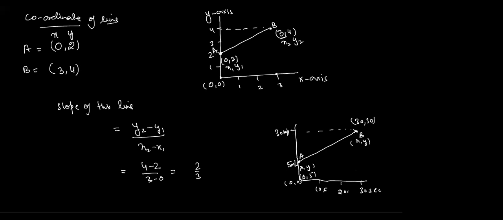Okay. If I'm changing the coordinates here, tell me what will be the slope of this line. If I'm taking this one as 20 meters per second, this one is 30 seconds, and this one is 40 seconds, 40 meters per second. This one is 40 meters per second. And this one is 0, 0.